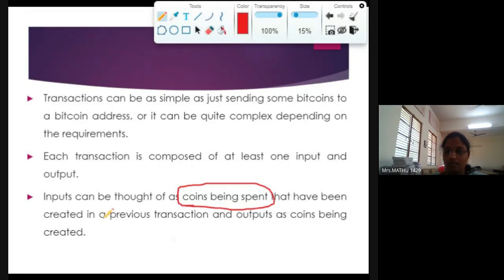So either it was created, or you received it in a previous transaction, and now you want to spend it. The coins being spent are called the input, and the output is the coins being created. That means on the receiving end, the receiver is getting the amount, so for him that is the output, the coins being created, or sent to the other account.